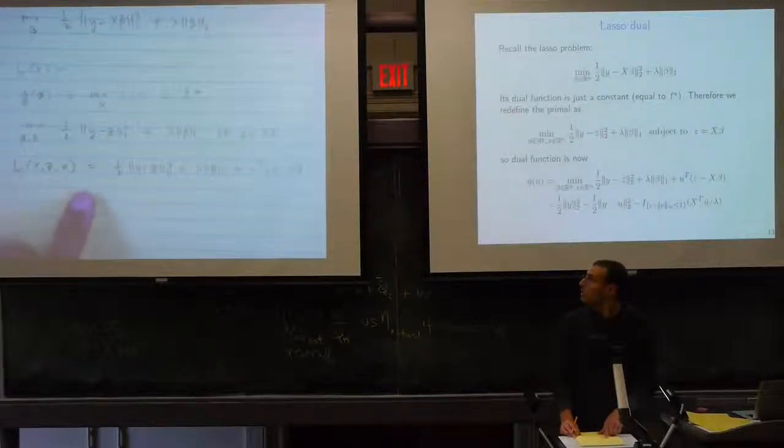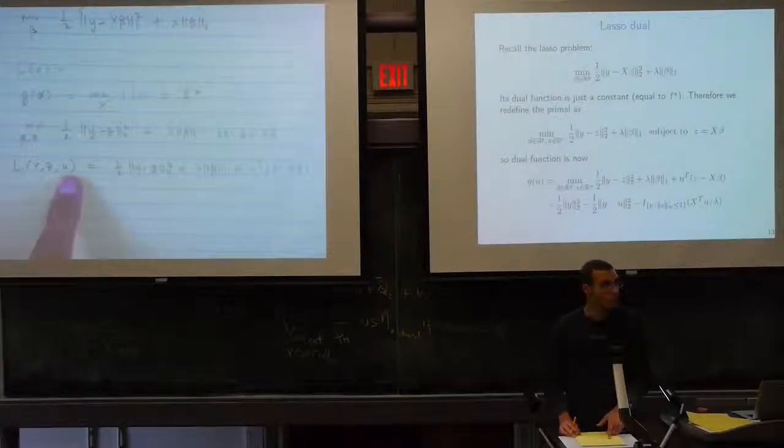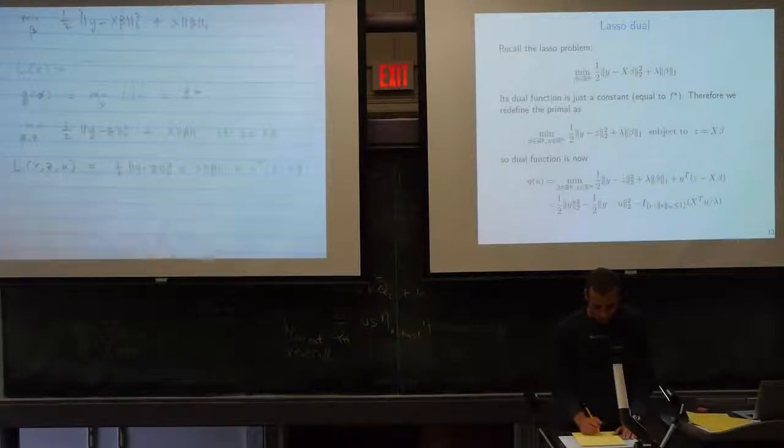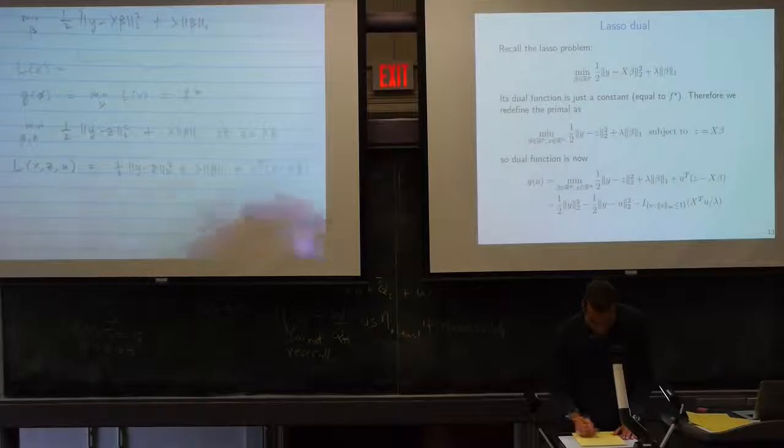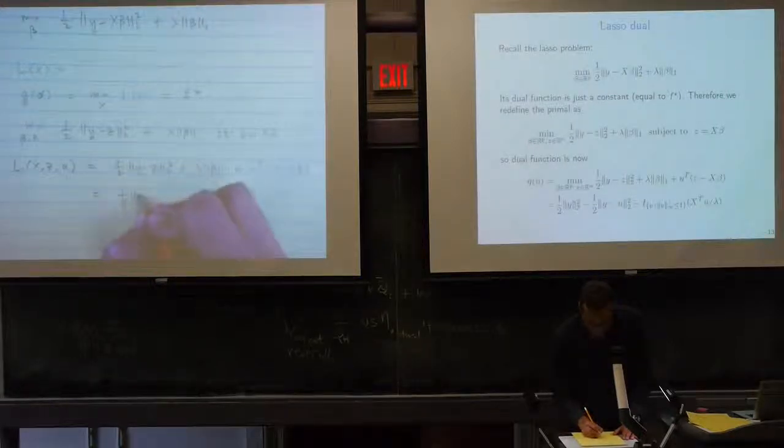Okay, so to get the dual function, I want to minimize this over x and z. Minimize out my primal variables, and it'll be a dual in terms of u. So we can do that explicitly here. Let's just consider the minimum over z. So let's collect the terms that involve z and x separately. So I have y minus z squared plus u transpose z.